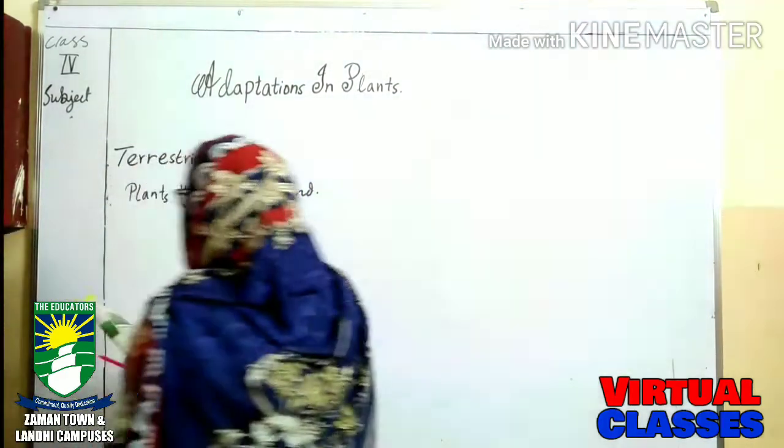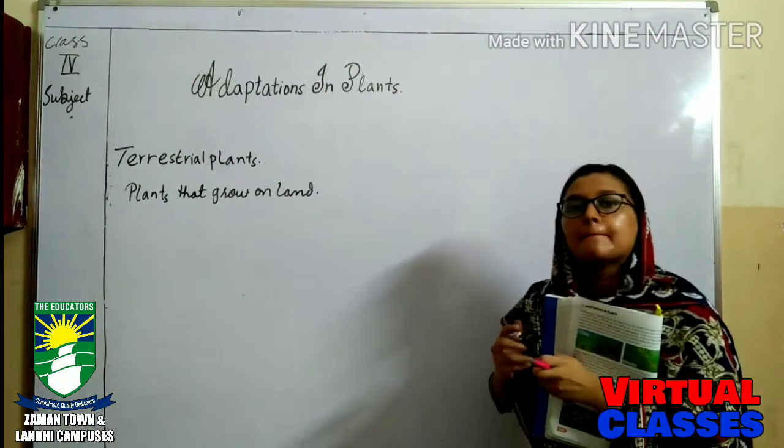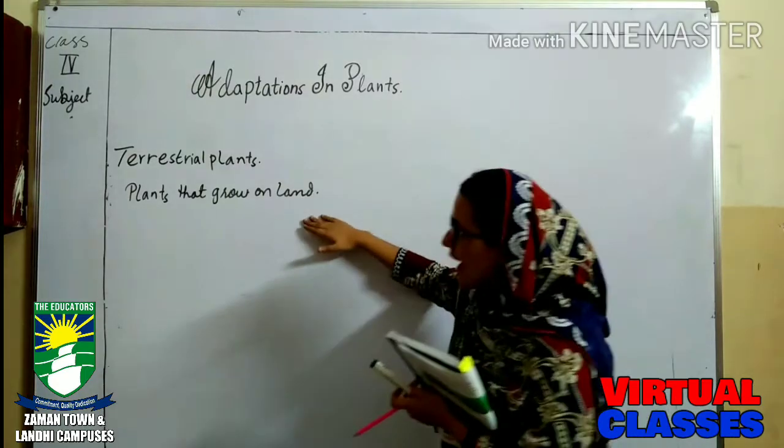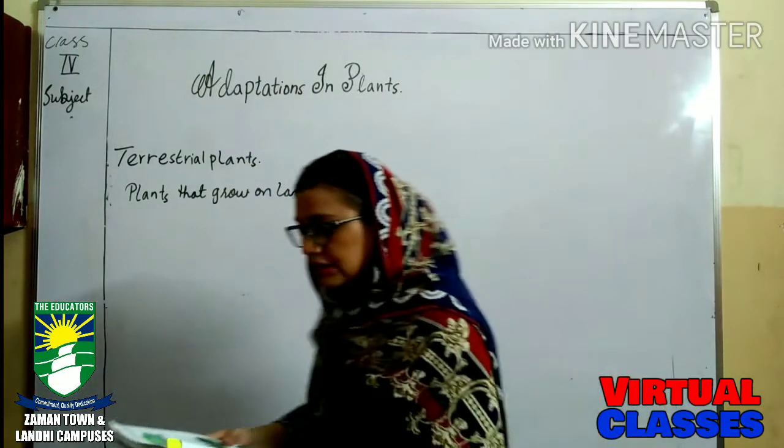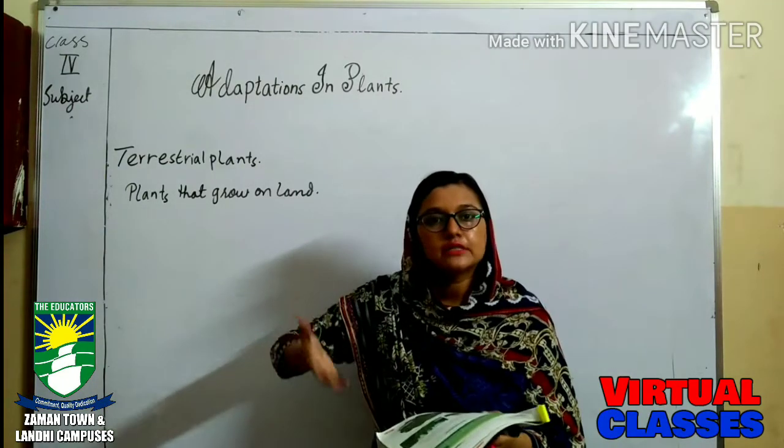Plants that grow on land are called terrestrial plants. They are of the following types.